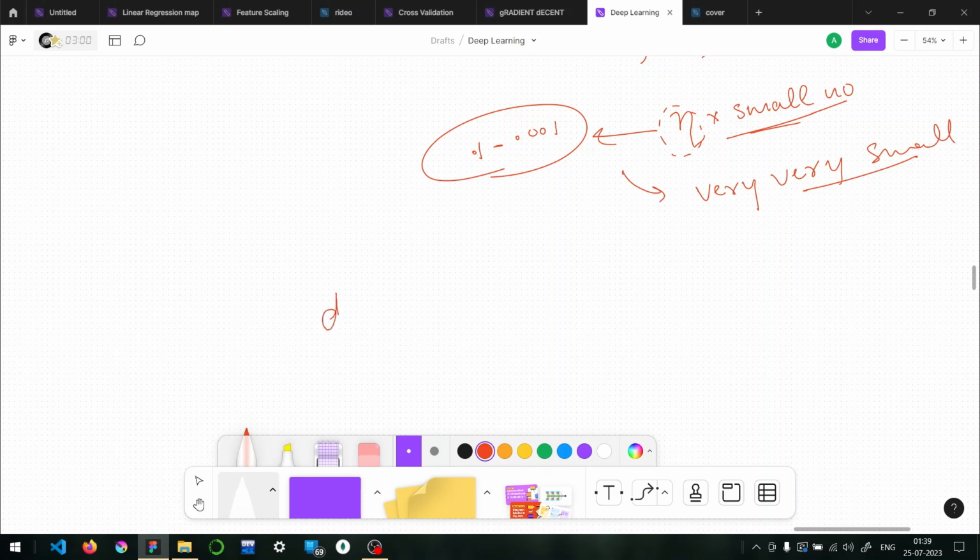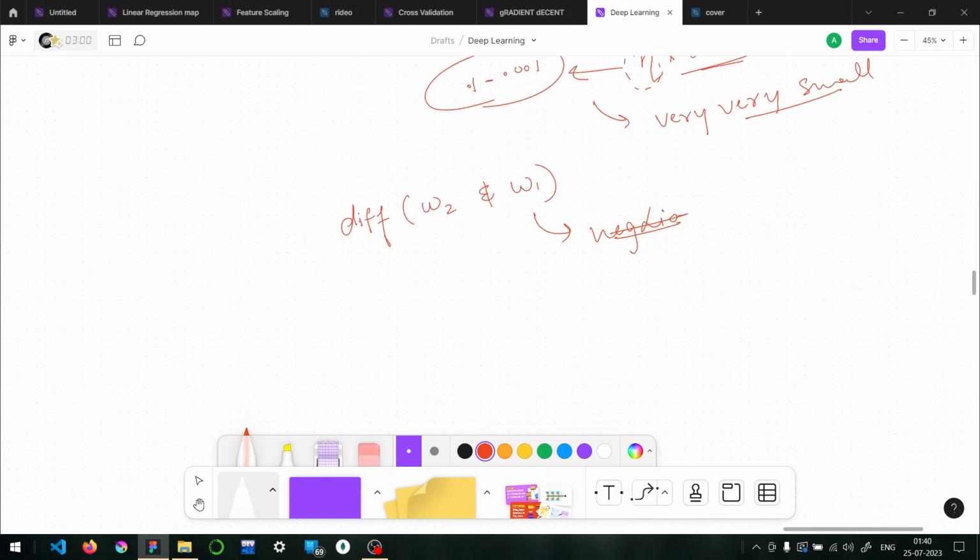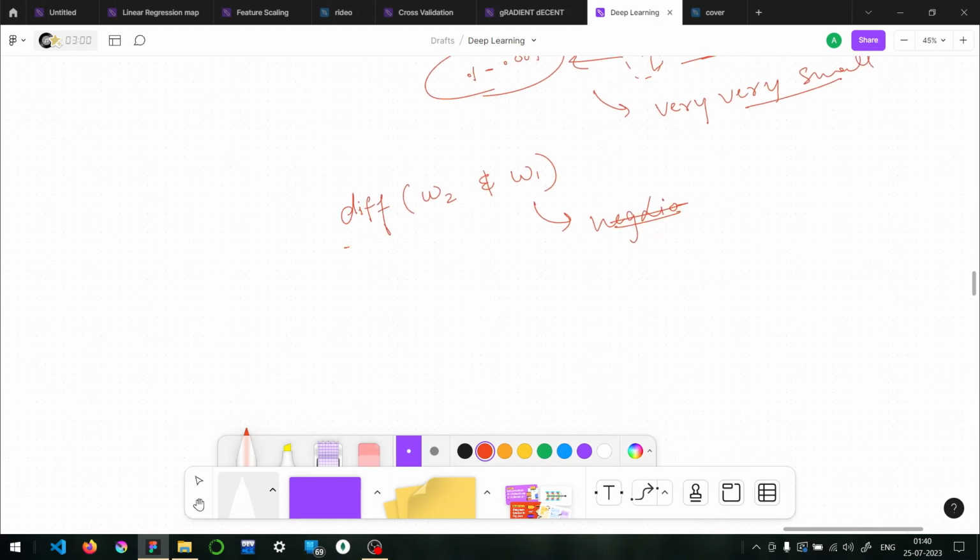So the difference between W2 and W1 will be negligible.